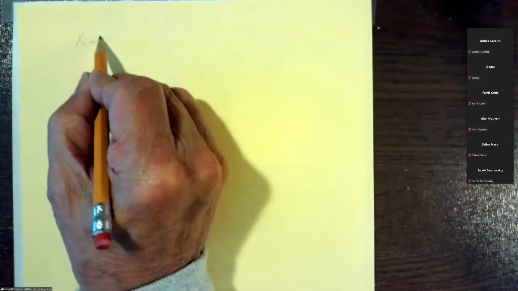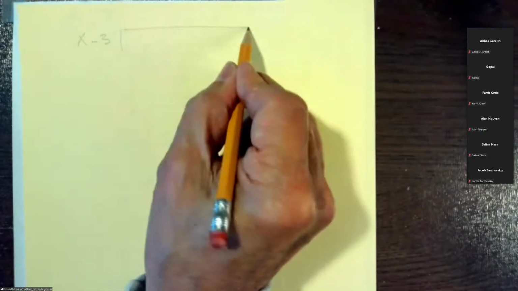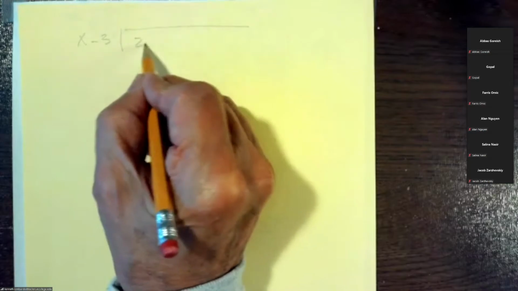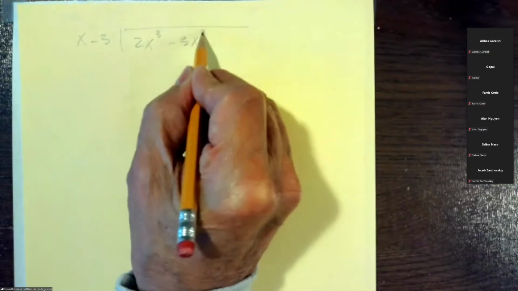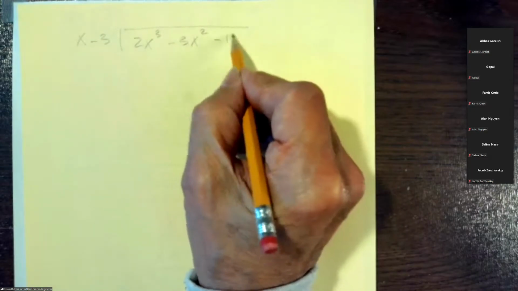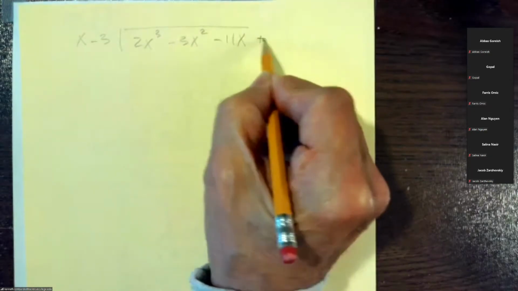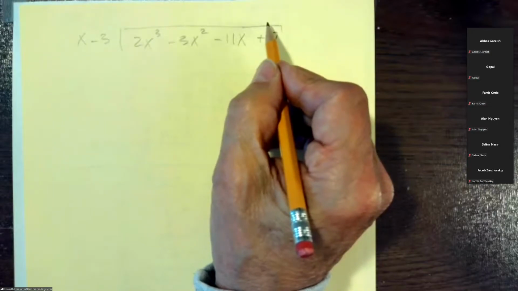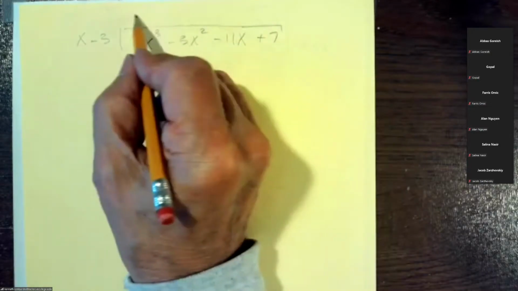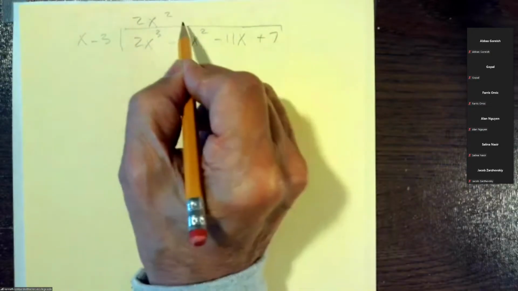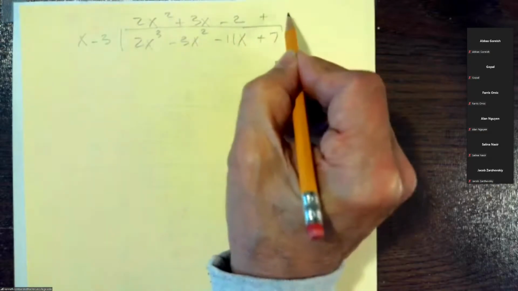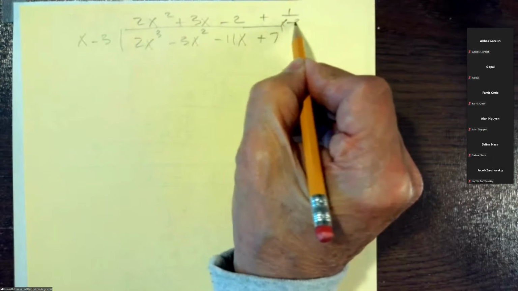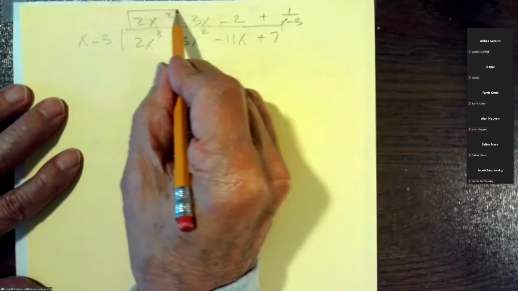We did x minus 3 into 2x cubed, 3x squared, 11x, 7. And remember what we got? 2x squared plus 3x minus 2 plus 1 over x minus 3. That's the solution that we got.